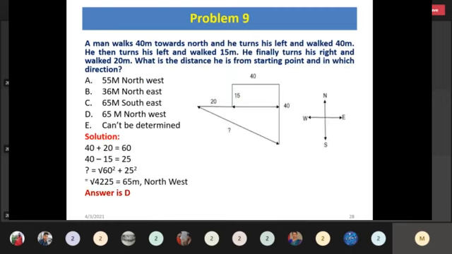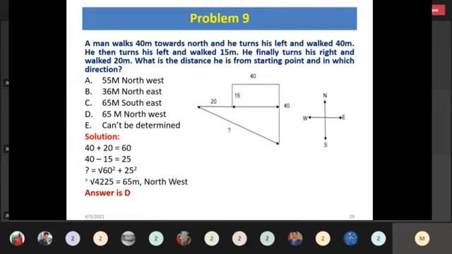Next problem. A man walks 40 meters towards the north and he turns left and walks 40 meters. He then turns left and walks 15 meters. He finally turns right and walks 20 meters.